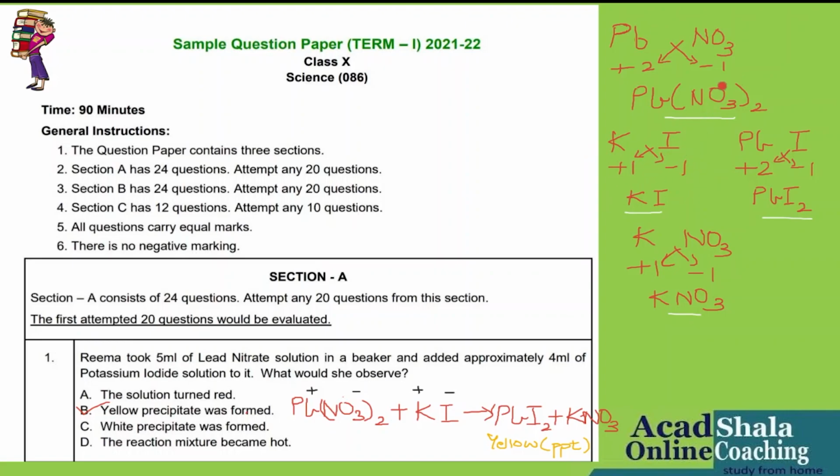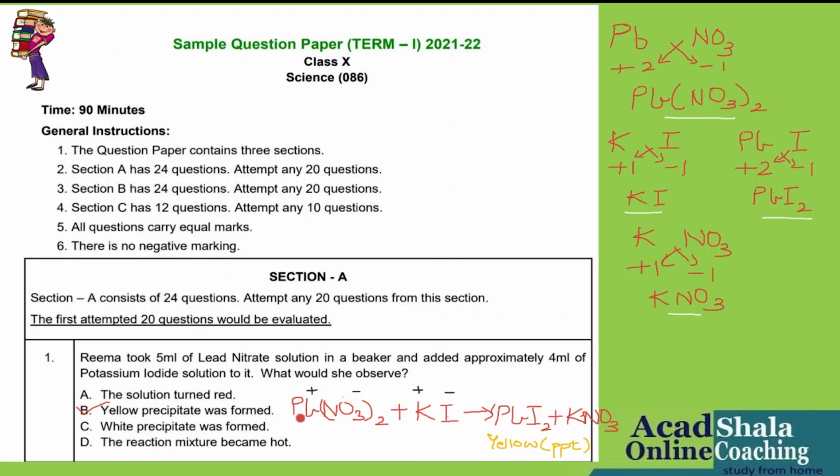Okay, I have got these 2 reactants. Now let me write my 2 reactants in my reaction. I also know that lead is positive, nitrate is negative, potassium is positive, iodide is negative. I have written that also. Now I should also know about the products. It's very easy to take out the products. How?